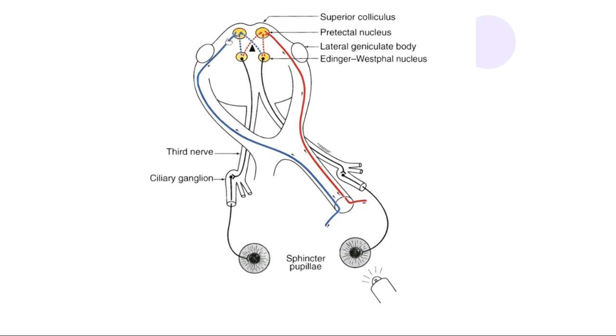And then they're going to give off fibers to both Edinger-Westphal nuclei, and then these fibers are going to travel along your third nerve, which explains your light reflexes, why you have your consensual, and why when you shine the light in one eye, both eyes will constrict, right? And that's because of what's happening up here. You're going to have that lecture soon, but yes, Melanie, it decussates right here in the chiasm. All right, got it?